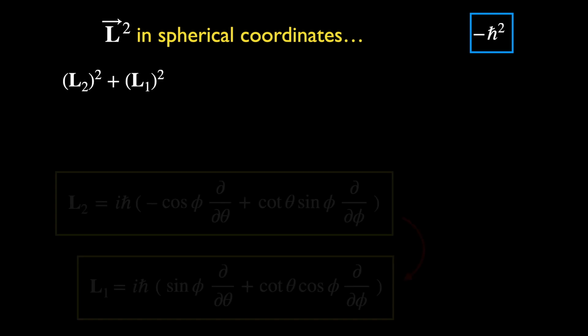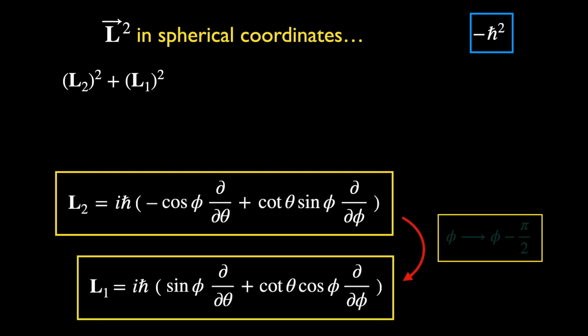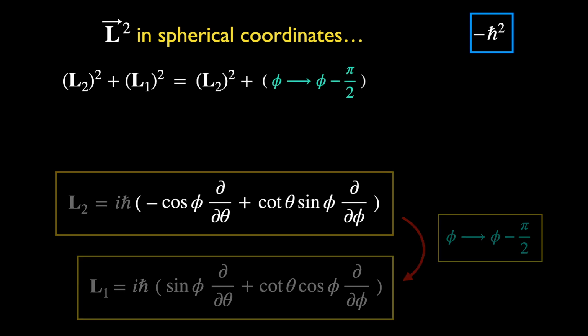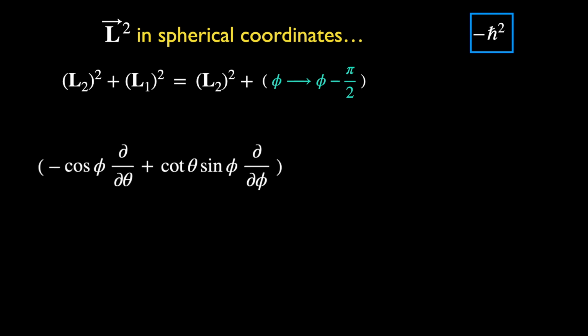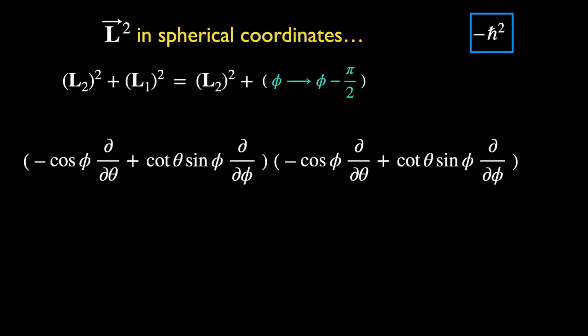How about the sum of the squares of the remaining two components? Here, we can again use the relation between L2 and L1, which we have just seen. The square of L2 is given by, the remaining term is just the square of L1 related by the transformation.